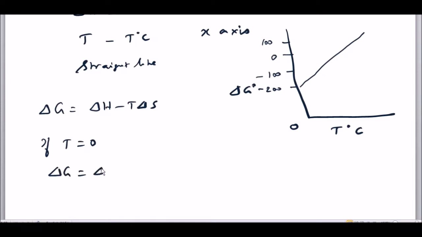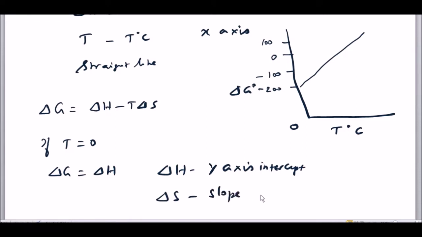Delta G will become equal to delta H. So delta H is the y-axis intercept in this straight line, and delta S is the slope value obtained for the straight line. That you should recall.